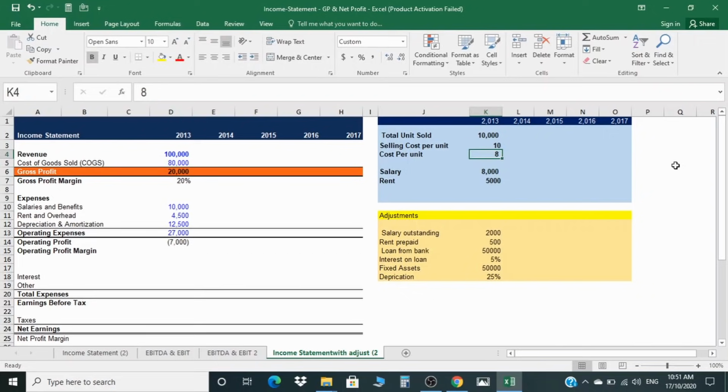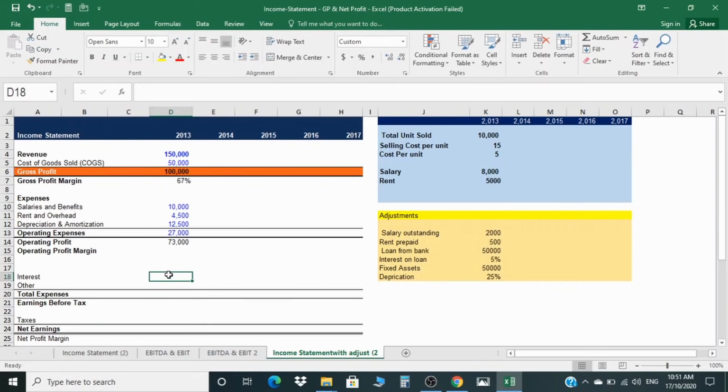If you change it to 5, everything will be changed. So you have 23,000. Or if you change the selling price as well, with selling price 15 and cost per unit 5, you get your profit 67% and operating profit 73%, so that we can calculate the other things.